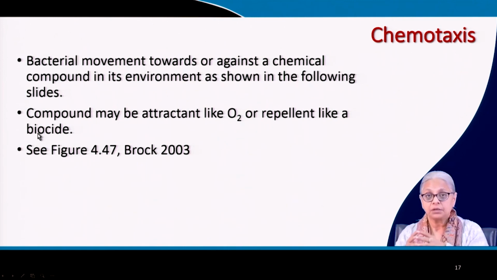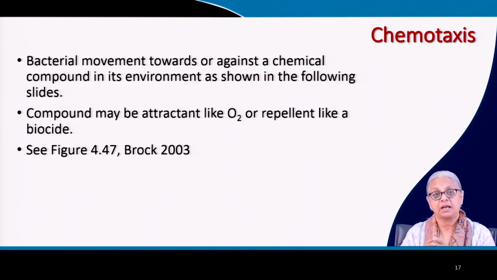The entire group or colony of bacteria can be found to move towards the food it wants, or towards an attractant like oxygen, or it will move in the opposite direction from a pesticide or a biocidal chemical. So it will move away from that. This kind of signaling has been observed in bacteria depending on the environment.